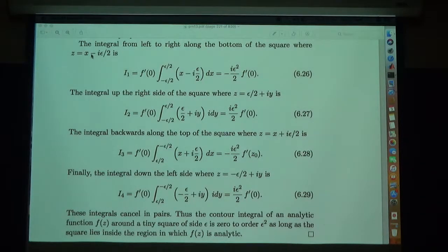The point z equal to x plus iy is at the center of the square, so I1 is an integral from x minus i epsilon over 2. Up the right side of the square, we have epsilon over 2 plus iy times i dy.